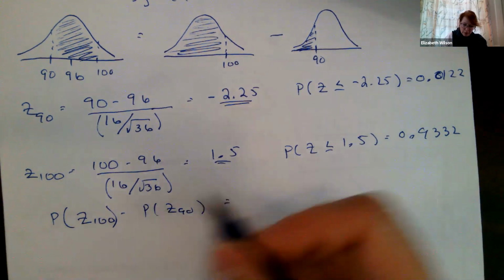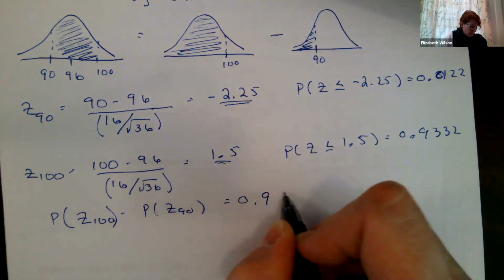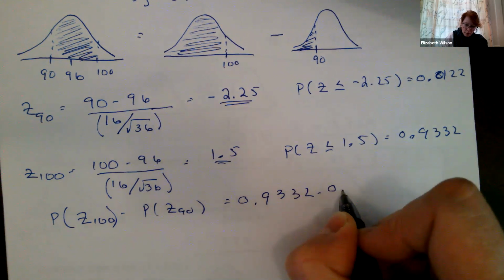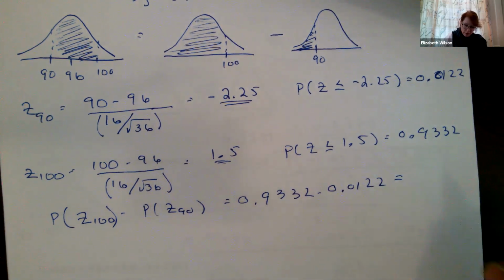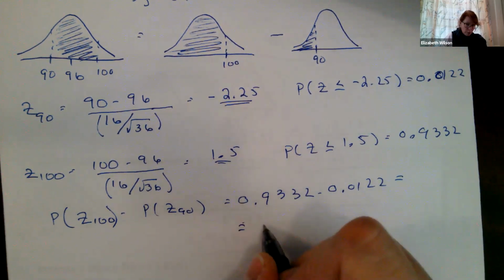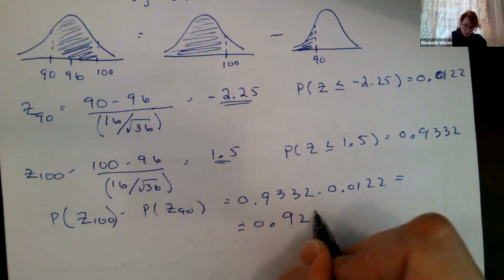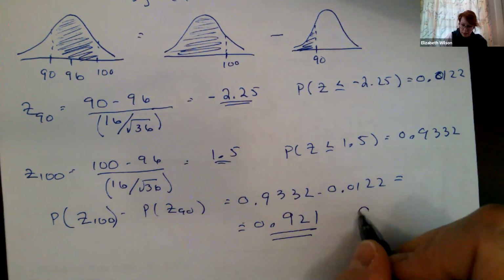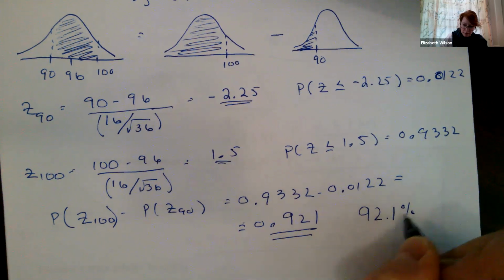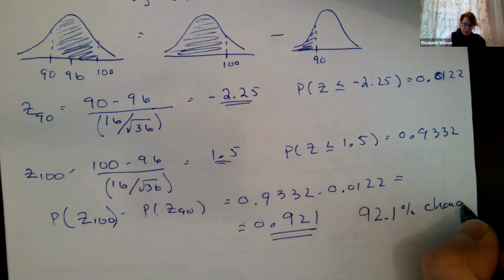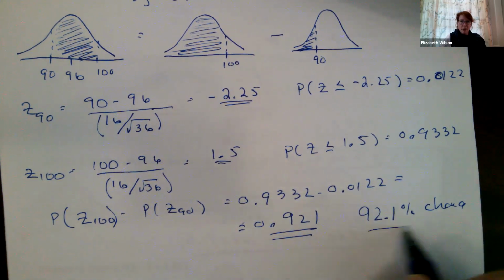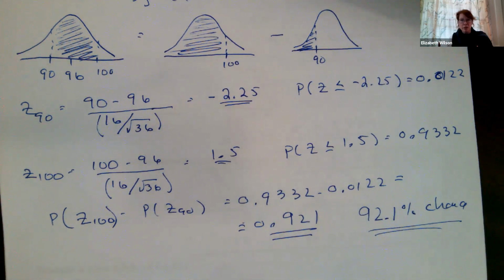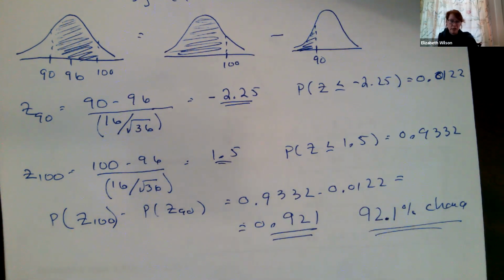I'm going to plug these in: 0.9332 minus 0.0122, and that's going to give me 0.921, which means I've got a 92.1% chance that the mean of the 36 cars that we're choosing is going to be between 90 and 100 months, given that the average mean of the cars is 96 months.